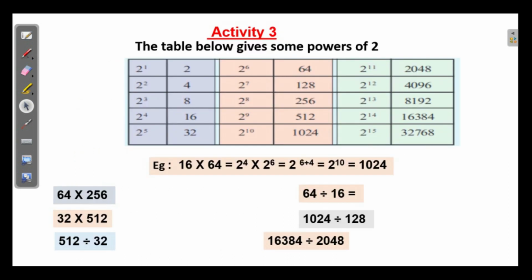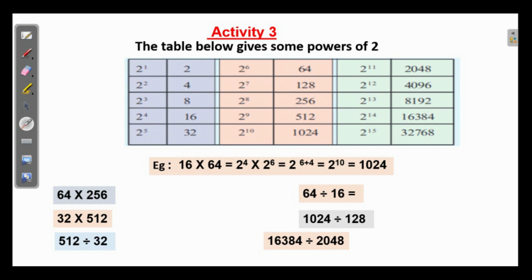The third activity: the table below gives some powers of 2. One example is given. We have to simplify all these. 16 into 64 is equal to 16 into 64. From this table, in the last worksheet also we have done such problems. 16 is 2 raised to 4, then 64 is 2 raised to 6.